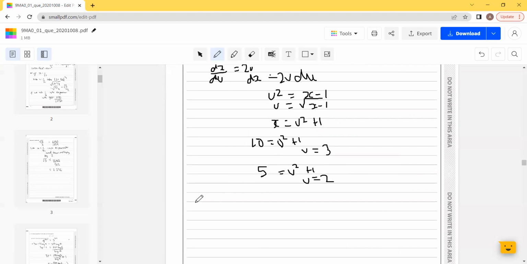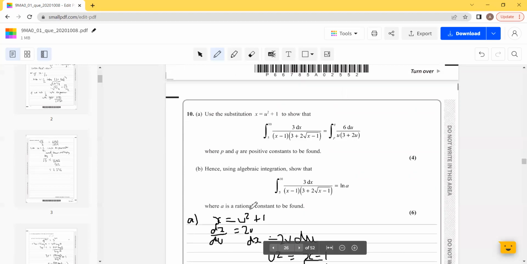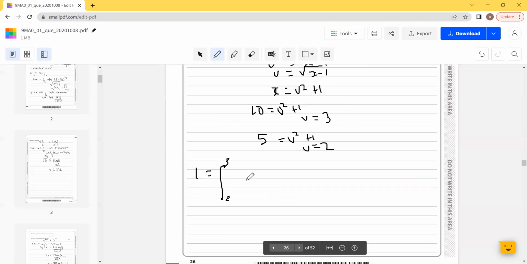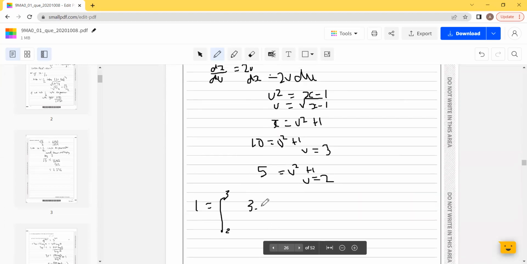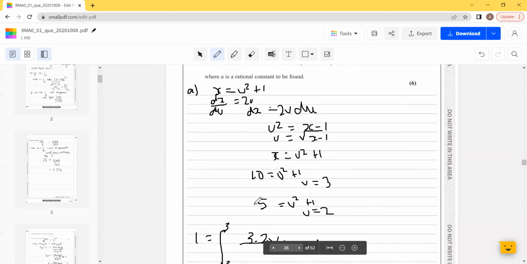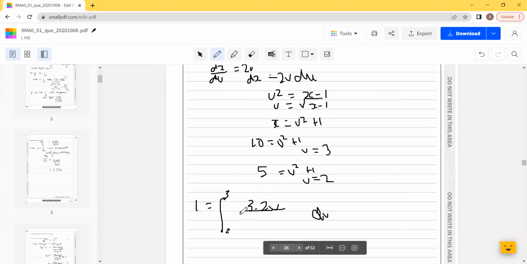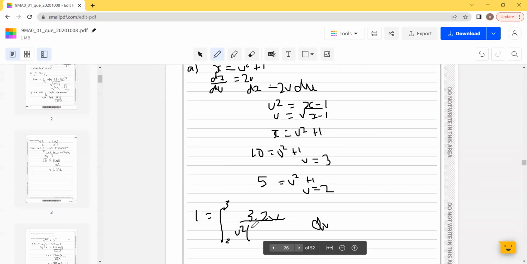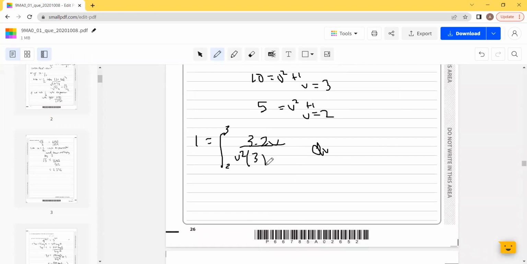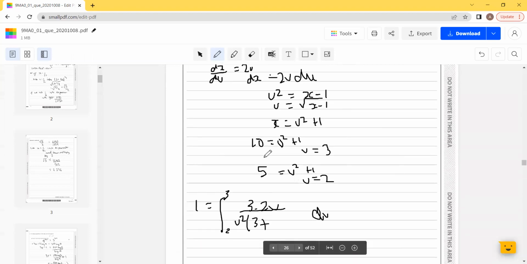Now we can just use the substitution. Our new integral I is between 3 and 2. Now we have 3 times dx, which is 3 times 2u du, over x minus 1, which is u squared, times 3 plus 2u, because u is just the square root of x minus 1.